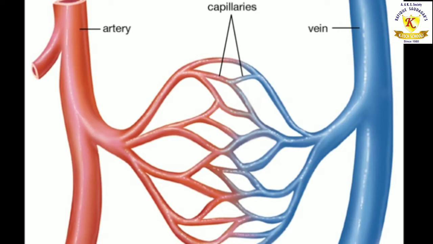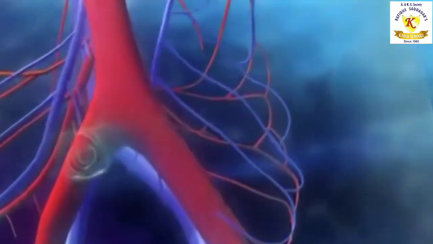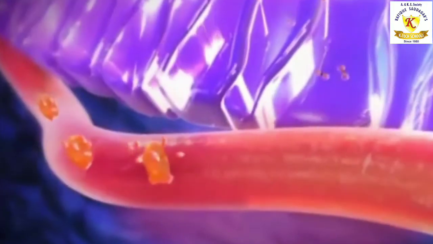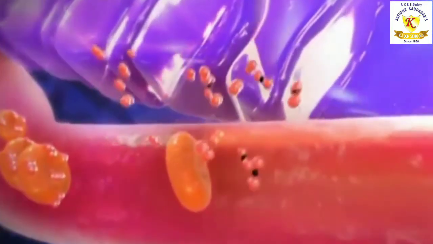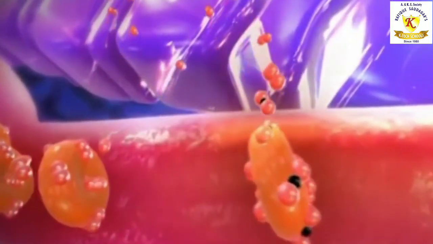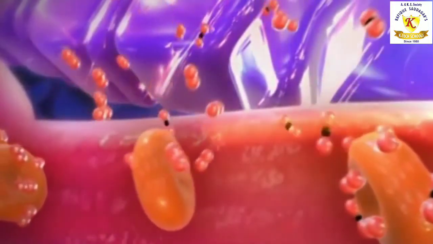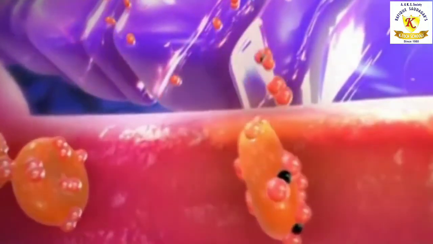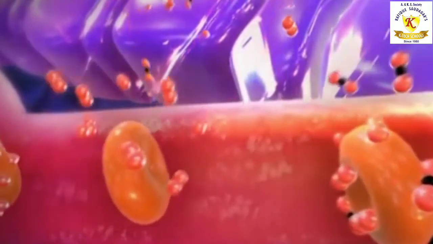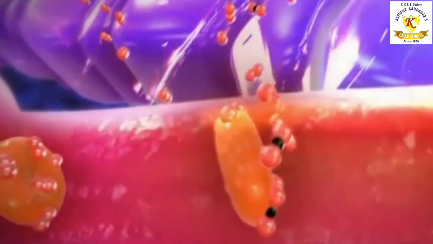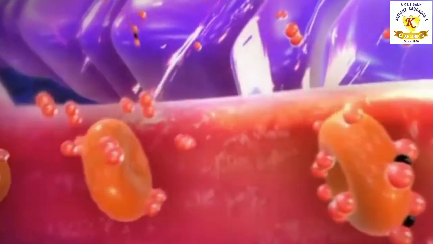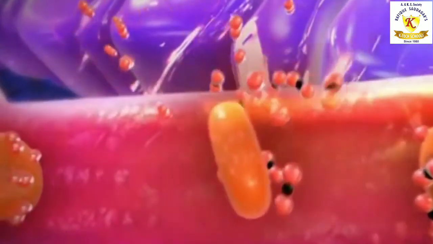Since the walls of the capillaries are thin, the body tissues absorb the oxygen and nutrients and then release carbon dioxide and waste material into the blood.